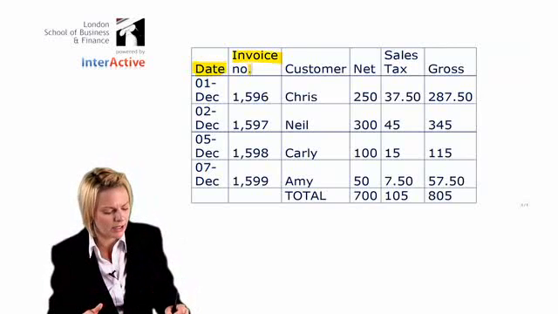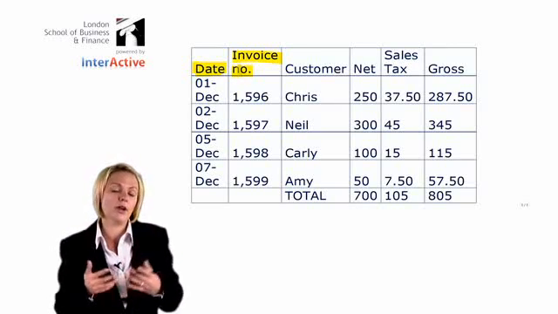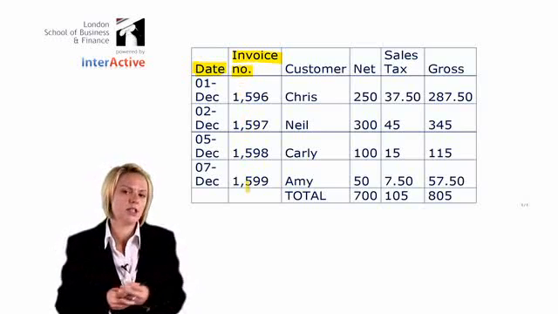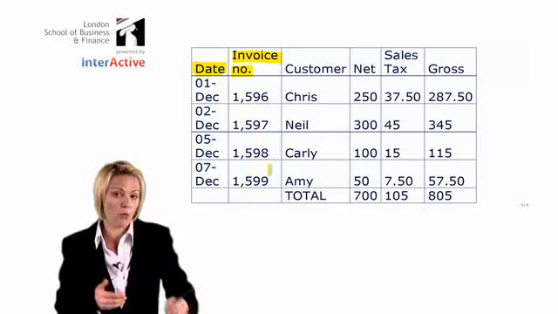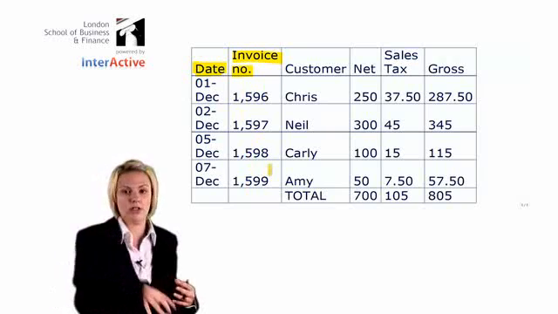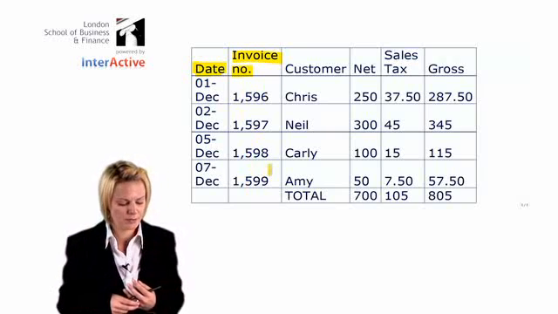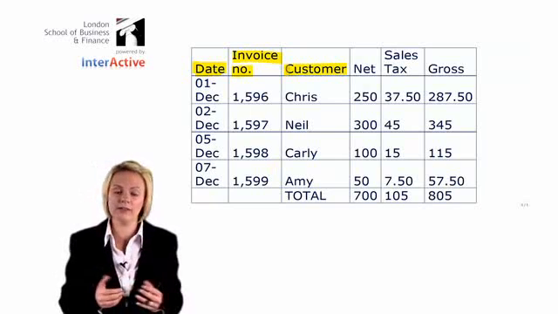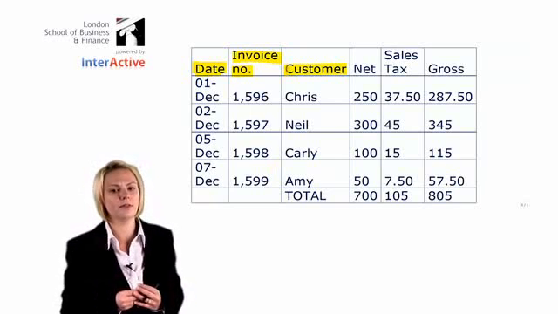Invoice number, so the invoice number that we're going to send to each customer. Notice these are in numerical sequential order, which shows that we're issuing the invoices ourselves, and each time we issue an invoice, we're going to record it in here first. We've then got the name of the credit customer who we are invoicing and sold the goods to.